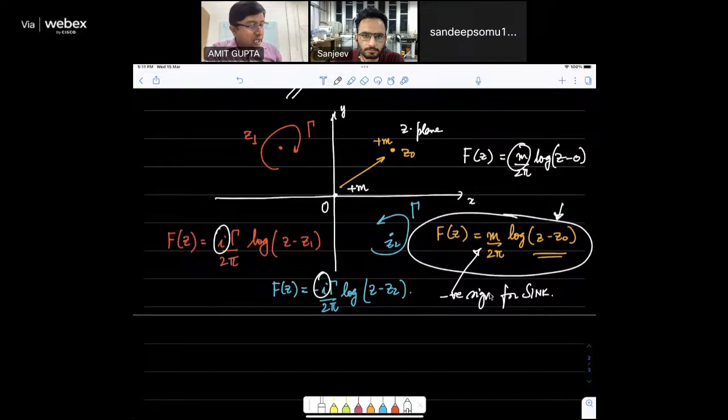I took some examples in the last lecture. I considered a couple of cases where conformal transformations have been used to create flows for some very nice shapes using what we have learned otherwise.